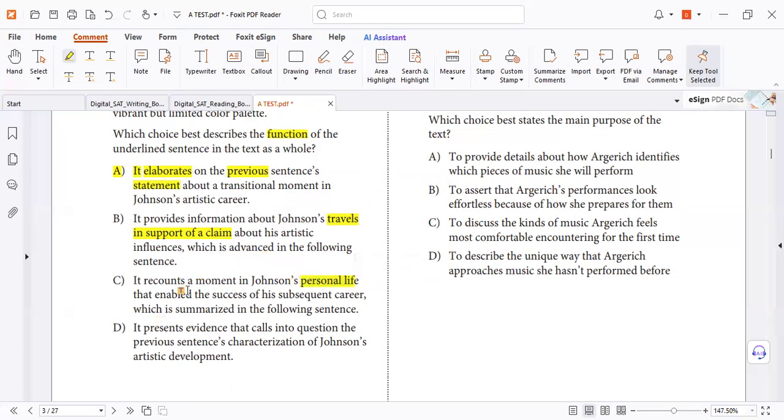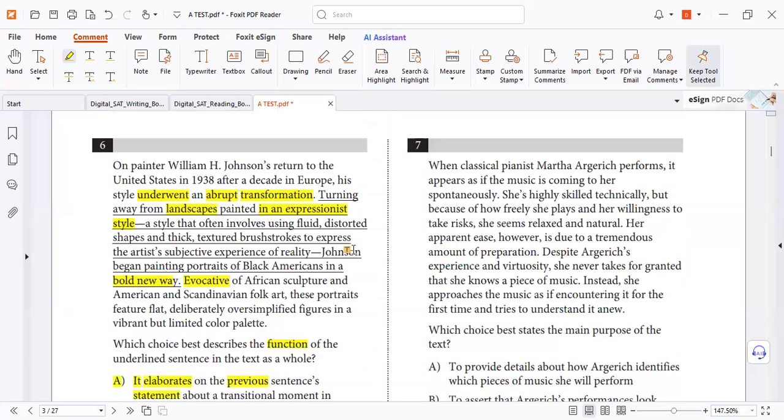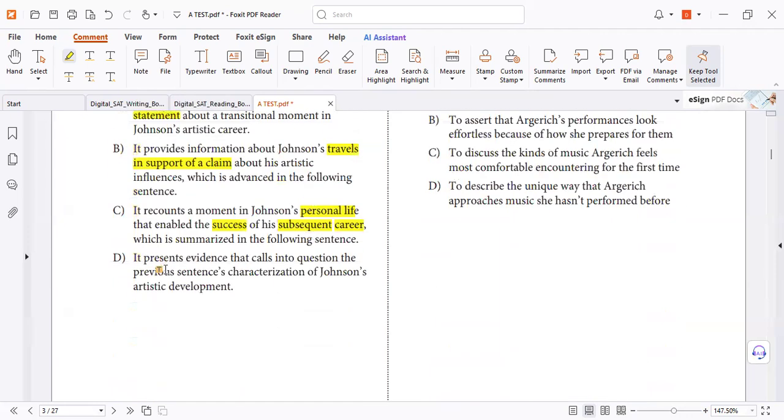Yes, but wait, that enabled the success of his subsequent career. It does not talk about the career. You know, something else. Describe the style. So it presents evidence that calls into question. Calls into question means it's opposite.